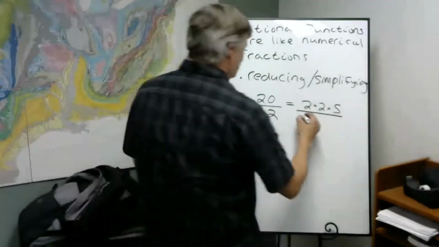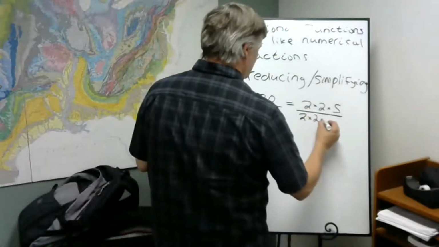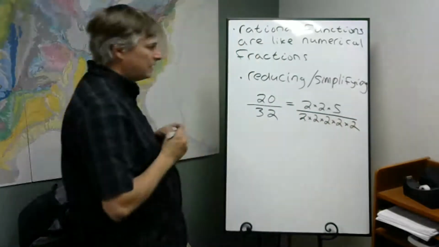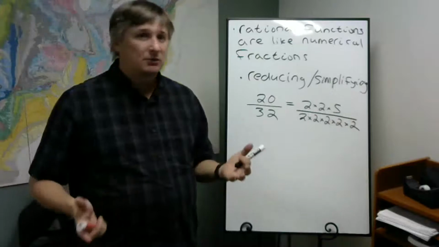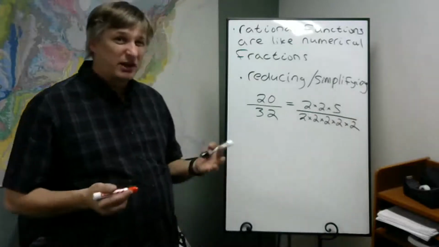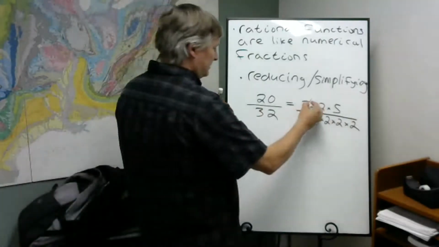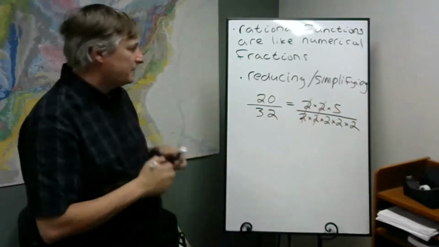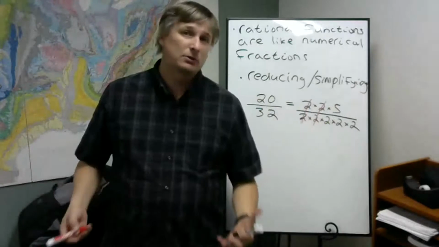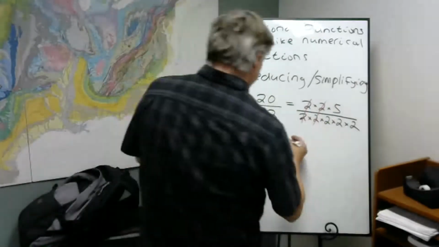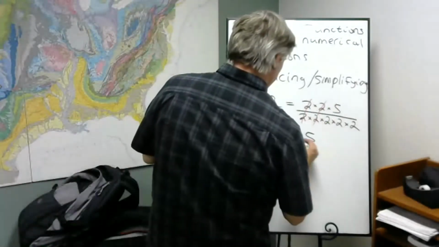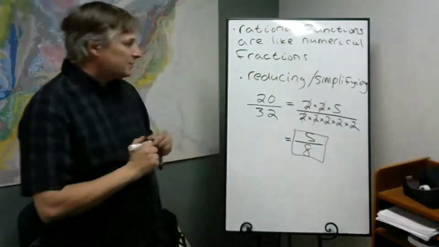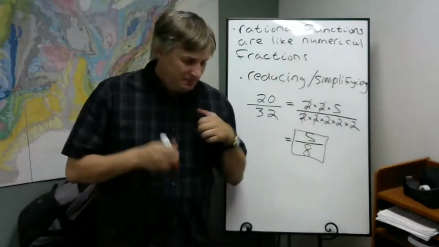And this one, 2 times 2 times 2 times 2 times 2. And so we look for things that can cancel out. That's the shortcut trick. So 1 for 1, we cancel things out. And then what we're left with is 5 divided by 2 times 2 times 2, or 5 over 8. So that's how we reduce fractions.